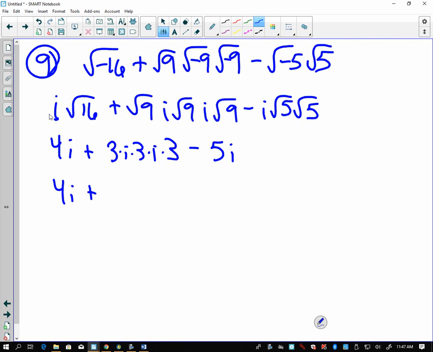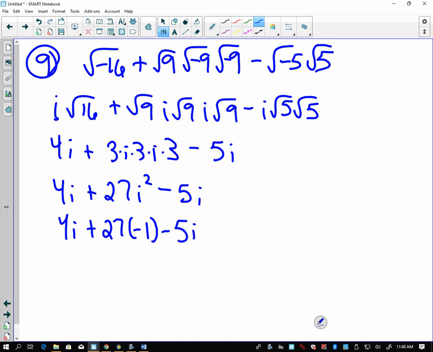I'm getting 3 times 3 times 3, which is 27i squared minus 5i. That becomes plus 27 times negative 1 minus 5i. So we got 4i, then minus 27 minus 5i. Combine like terms, we get negative 27 minus i is what it looks like to me. 4i minus 5i should be minus i.